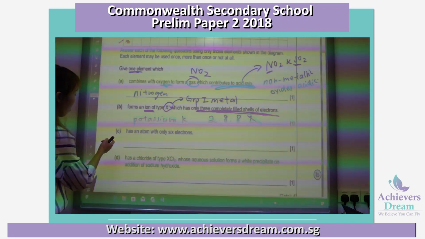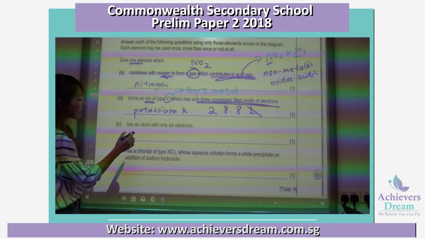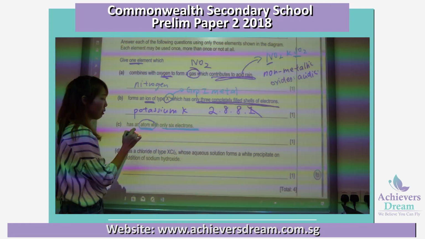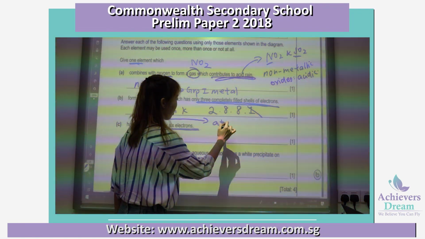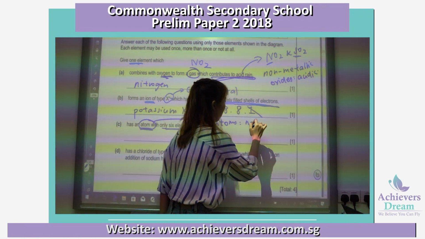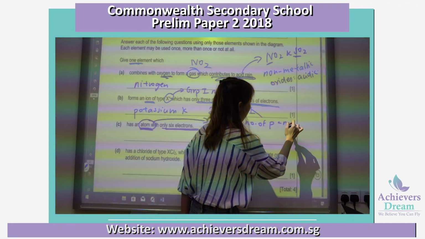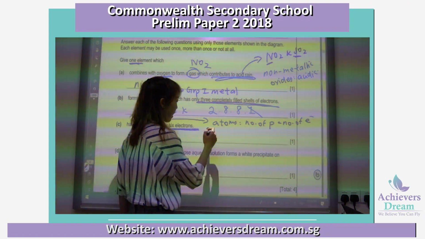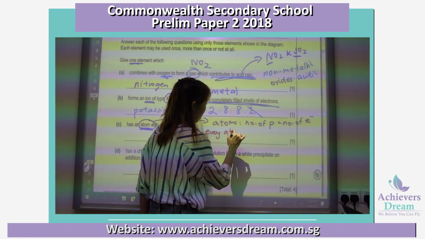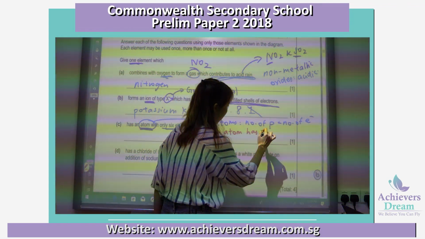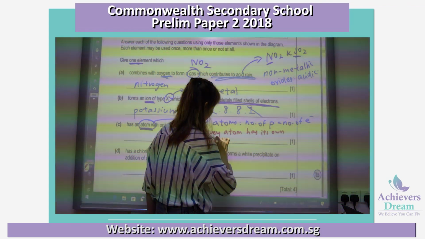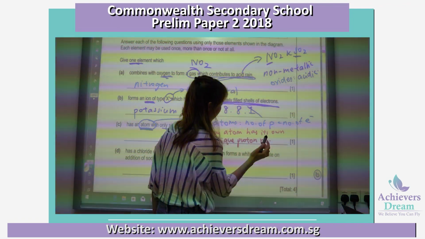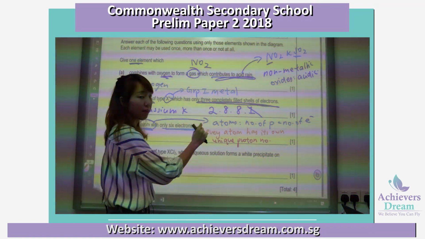Then for part C, which element has an atom with only 6 electrons? The keyword here is atoms, because in an atom, the number of protons is equal to the number of electrons, and every atom has its own unique and specific proton number.